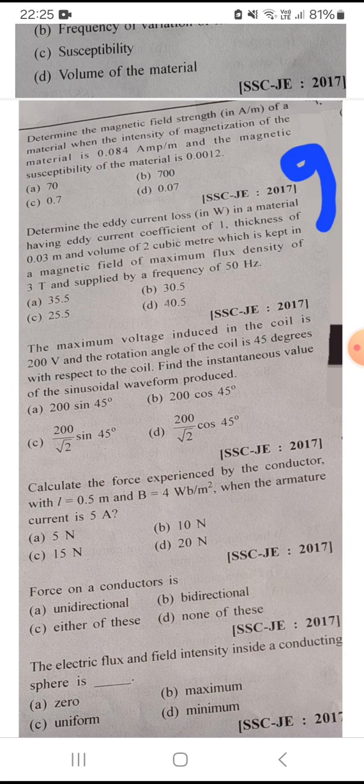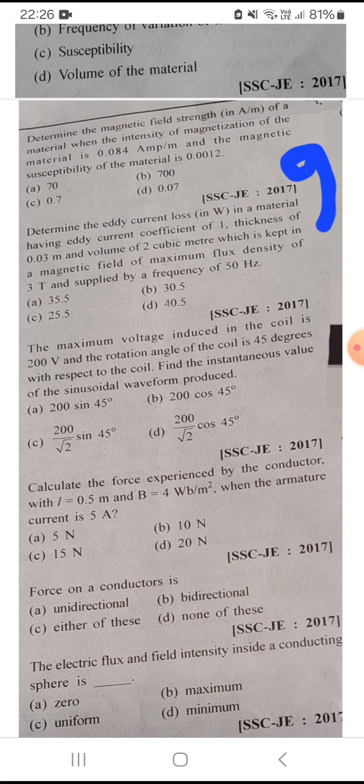Next, determine the eddy current loss in watt in a material having eddy current coefficient of 1, thickness of 0.03 meter, volume of the 2 cubic meter, which is kept in a magnetic field of the maximum flux density of 3T and supplied by a frequency of the 50 Hz. So this is also a numerical.